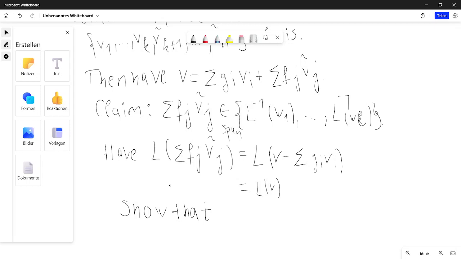Show that the restriction of L to the span of d tilde k plus 1 to d tilde n, right?